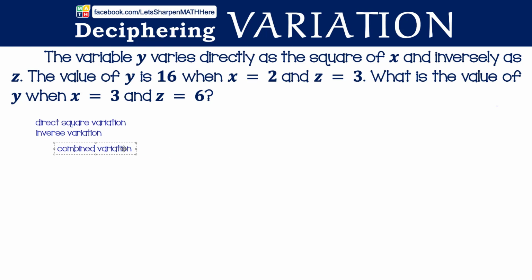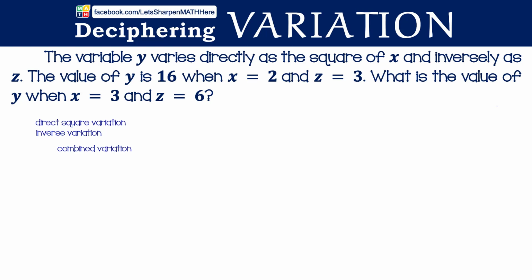a combined variation. Combined variation is a combination of one or more previous types of variation, such as direct, the more specific direct square, the inverse, or even joint variation. With that, there's no specific mathematical equation here, but we are to understand the statement given for us to properly construct our equation.